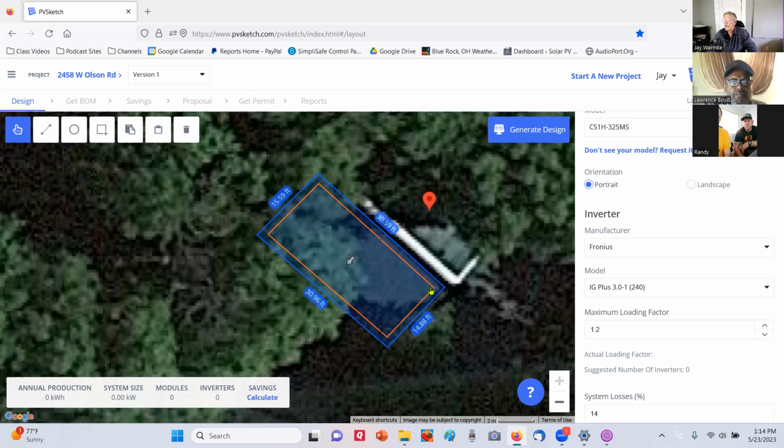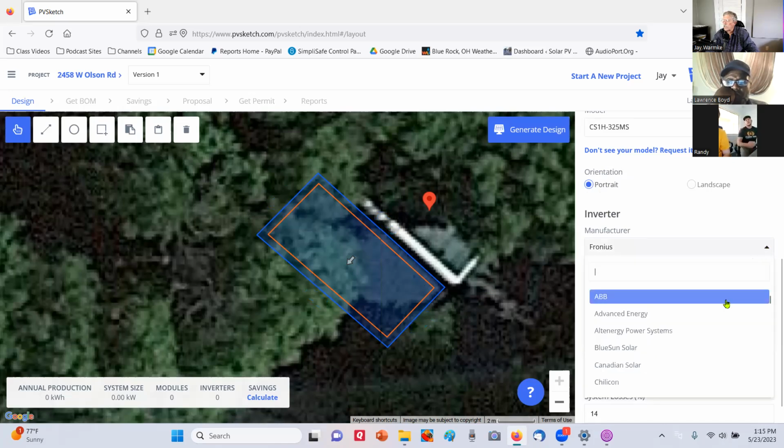And then when you put your rails down, you're going to go across those rafters. So my rails are going to go east to west, basically, not true east, but close enough. So my rails are going to be going side to side like that, and the long side of the panels goes over the rails. So my panels are going to be portrait. So I'm going to pick portrait.